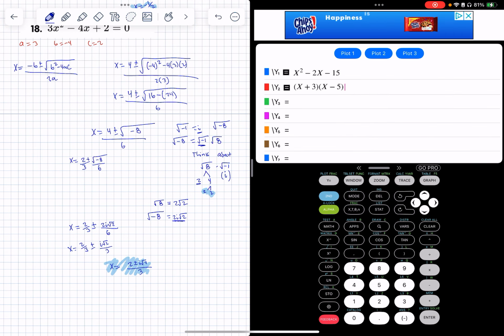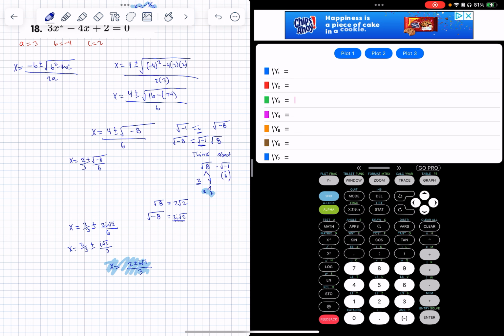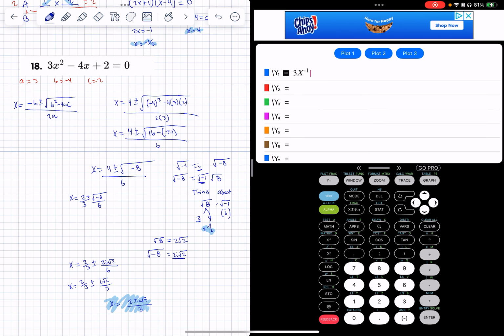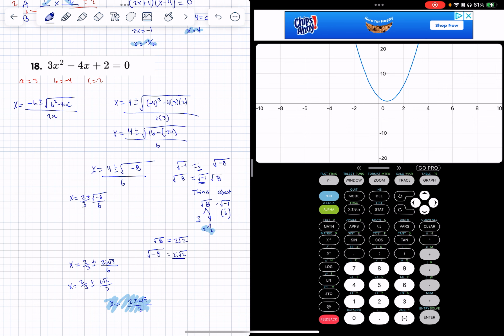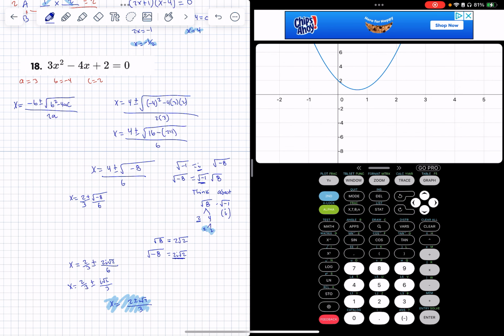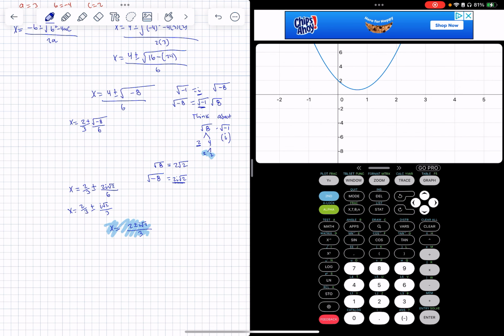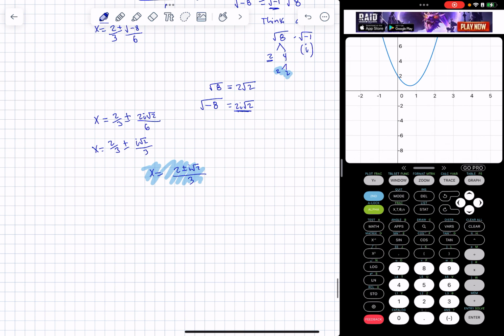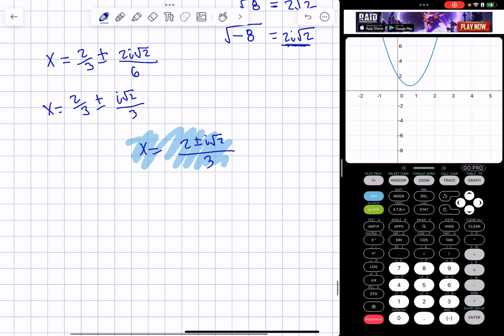So let's clear this, and we're going to graph 3x squared minus 4x plus 2. So we know that none of these solutions are real, right? If you want to go further, these solutions are imaginary solutions.